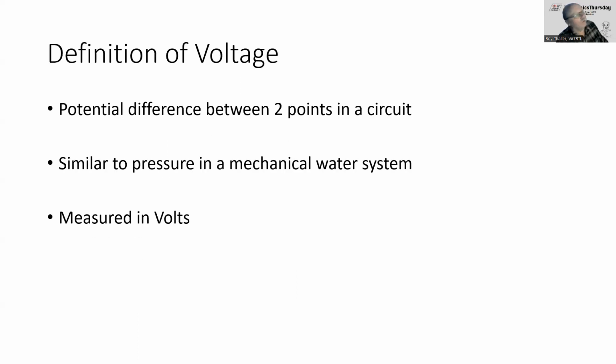So when we look at a voltage, it's basically the potential difference between 2 points in a circuit. And it's similar to pressure in a mechanical water system, like a hose that you have in your garden hose, for example. We measure voltage in volts.